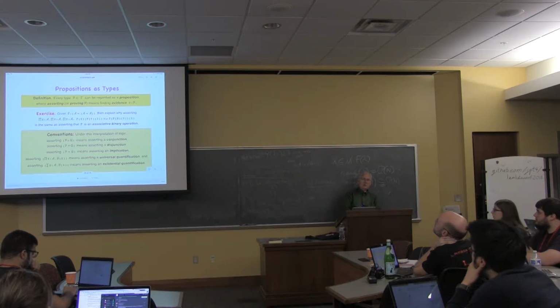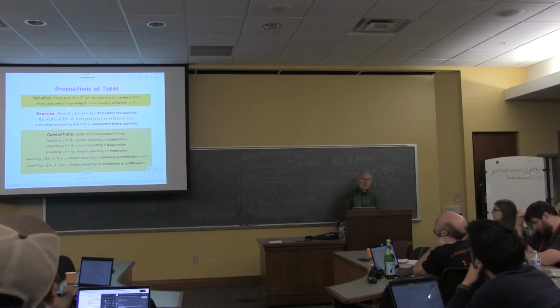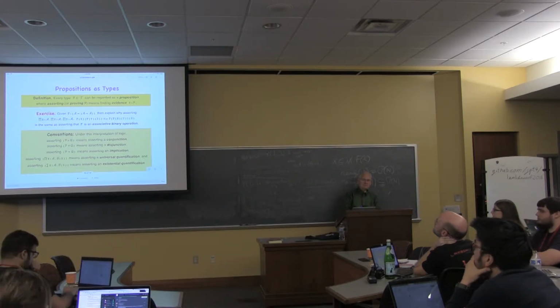So actually, if you think of one of these type expressions, you can say there's a proposition, a statement connected with this, which is that there actually is something that has that type.